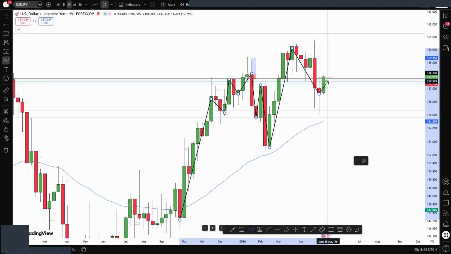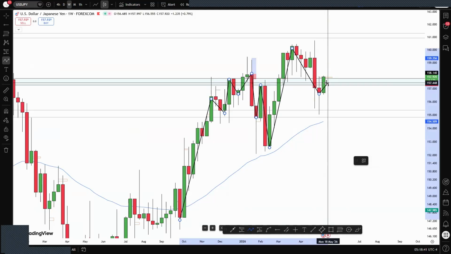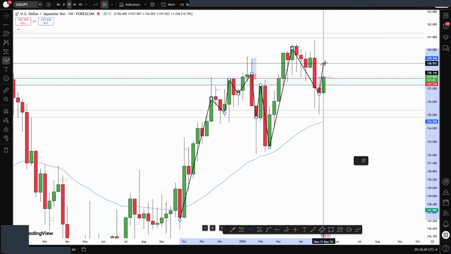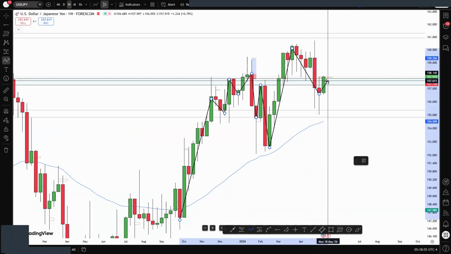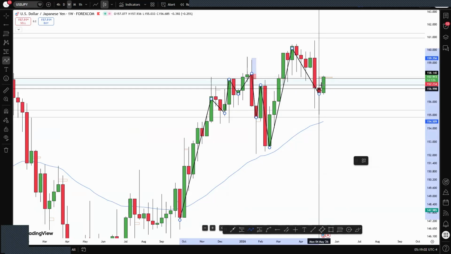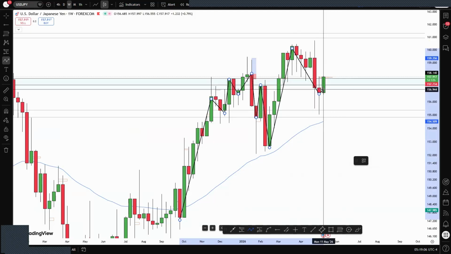Since the price is now breaking above, we just need this weekly to close with a strong bullish candle like that, or even have a weak rejection up around this level. But as long as we're having this weekly candle breaking above this OG level, that will be fine for us.